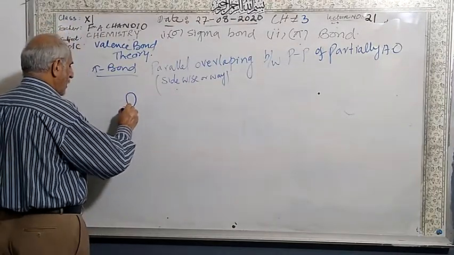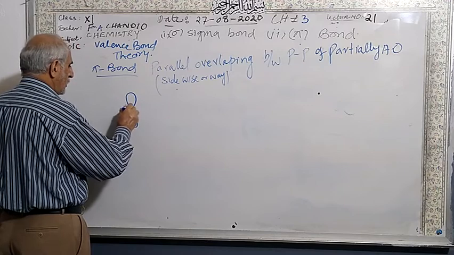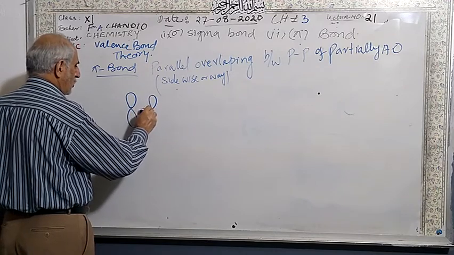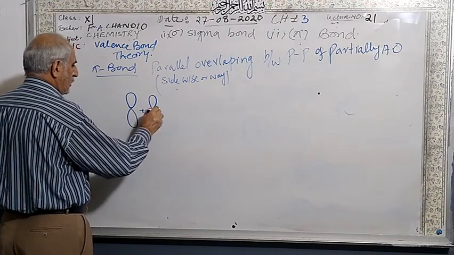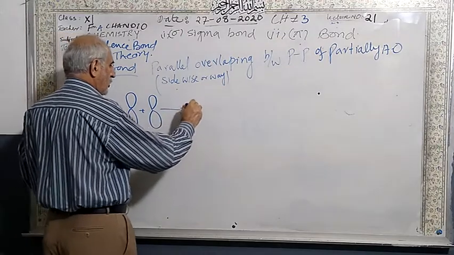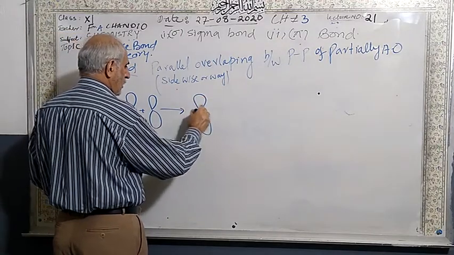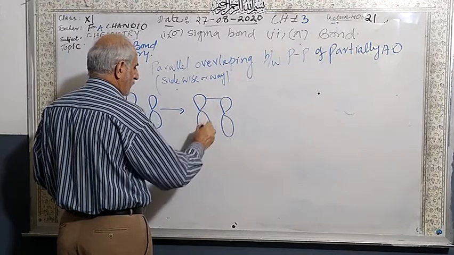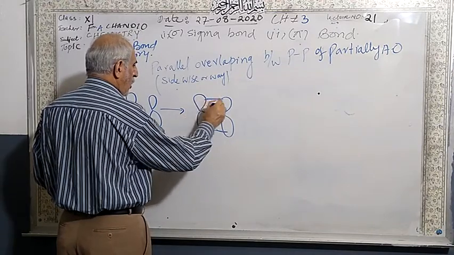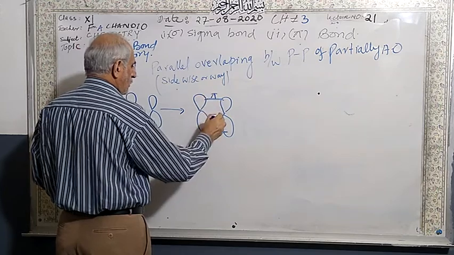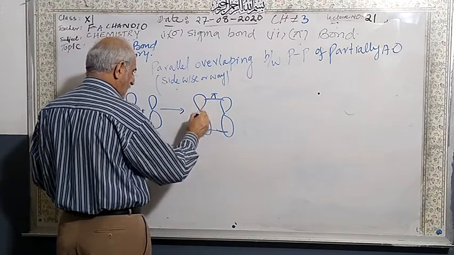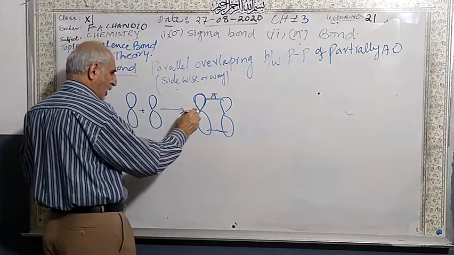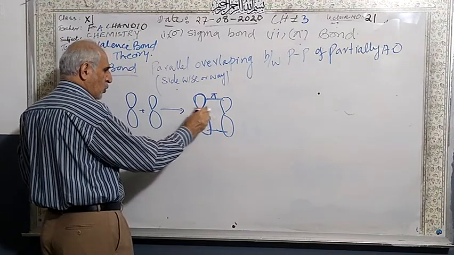So an example is like this one. This is P and this is also P, and there is going to be overlapping like this, above and below. There are no two pi bonds because the shape of P consists of two lobes.